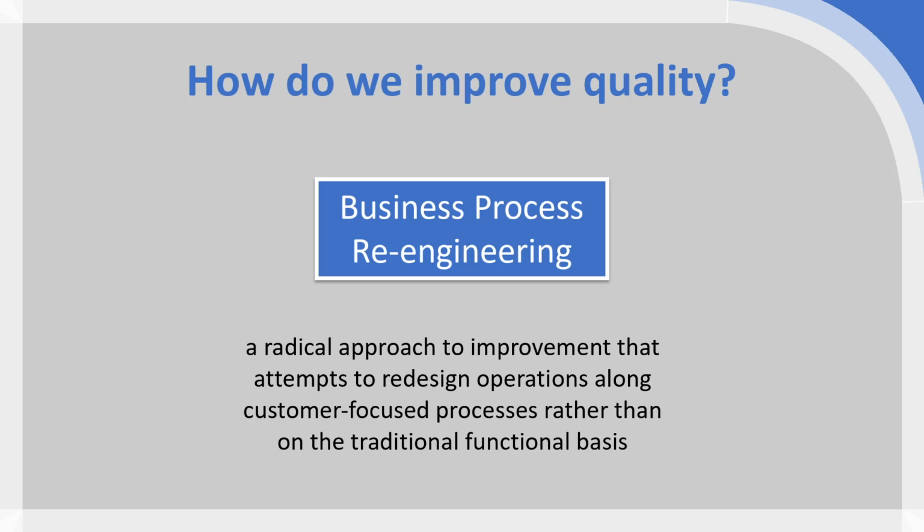A really interesting example of this, if you want to see BPR in action, would be Ford Motors in the early 80s, where they examined their accounting department, which at the time was quite a large overstaffed department.